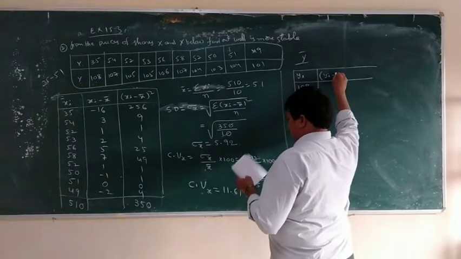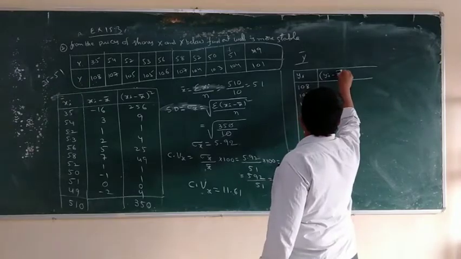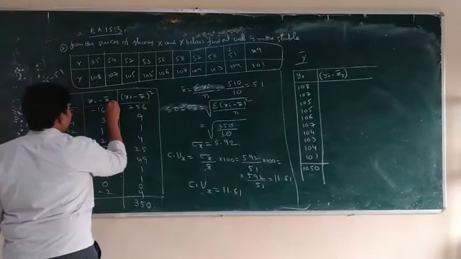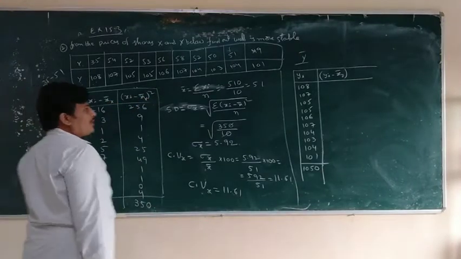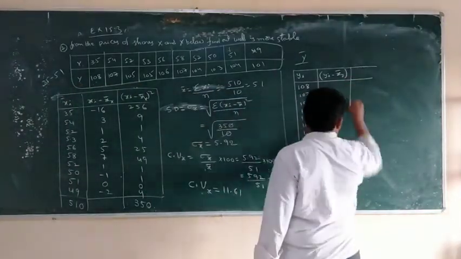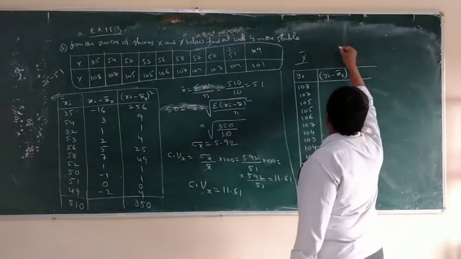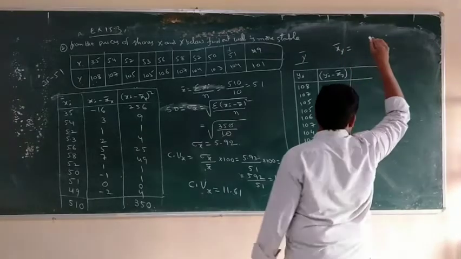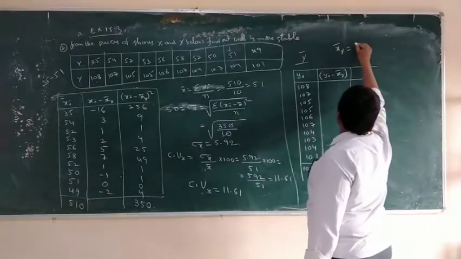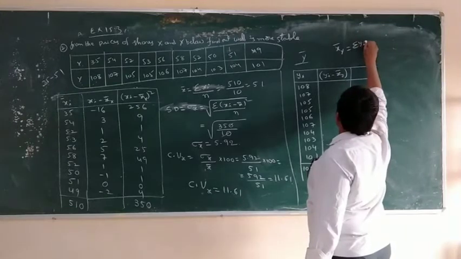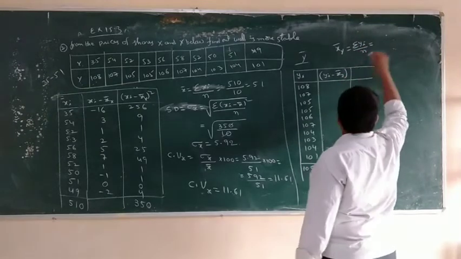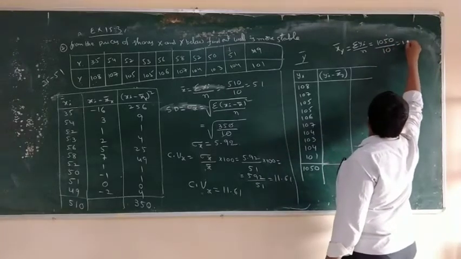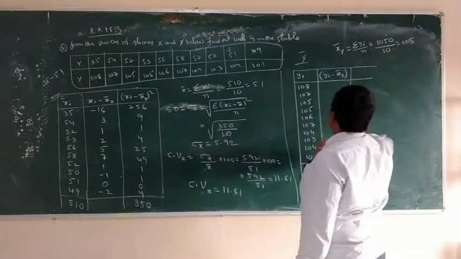Next, yi minus y bar. What is the mean? The mean y bar is sigma yi by n. Sigma yi is 1050 by 10, which is 105.